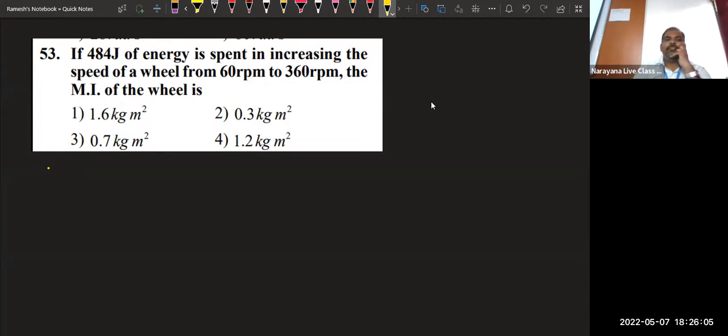If 484 joules of energy is spent in increasing the speed of a wheel from 60 rotations per minute to 360 rotations per minute, and the moment of inertia of the wheel, how much?